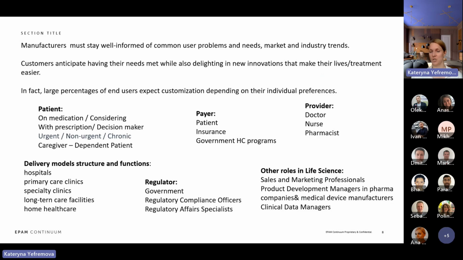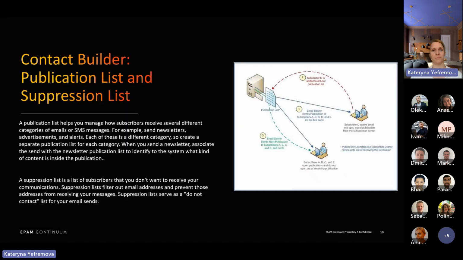For example, it could be that the same person is a doctor and a patient at the same time. Doctors could also be sick. So if we don't want, or we cannot send some kind of communications to doctors, we can again put all the doctors in a suppression list, so doctors would be suppressed.